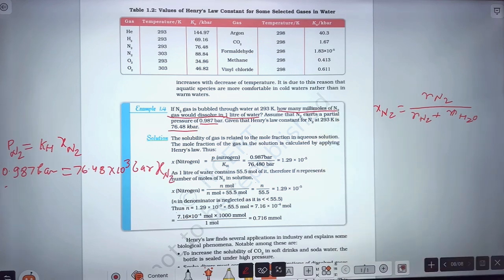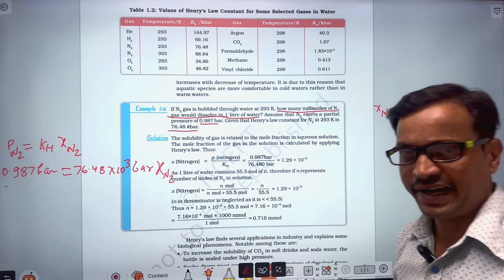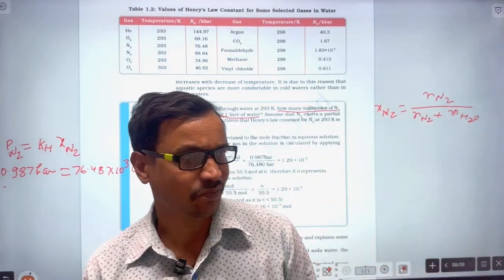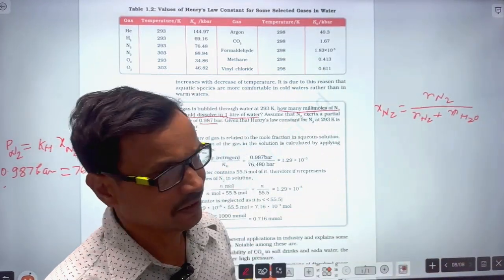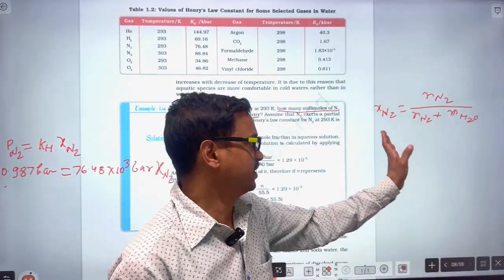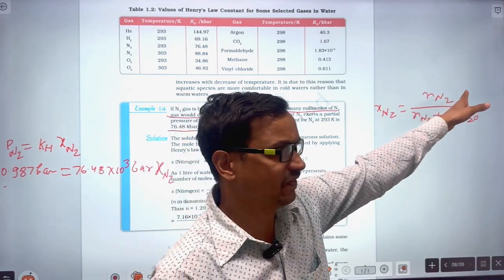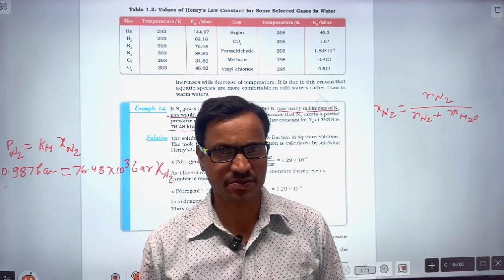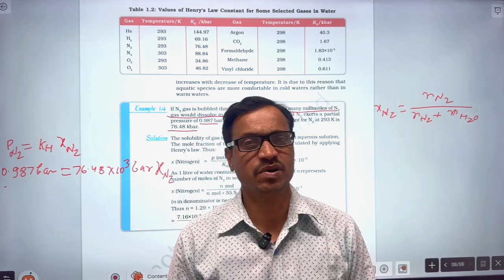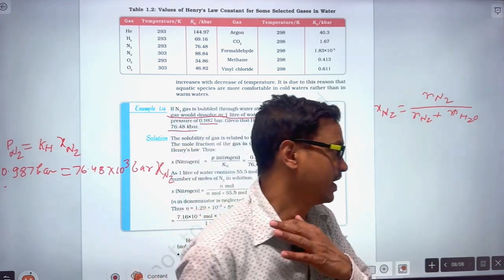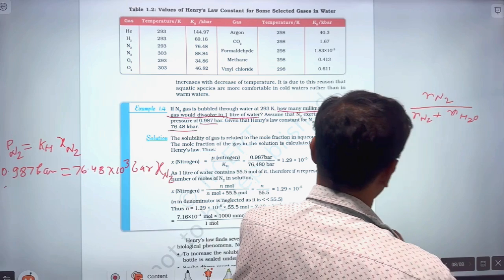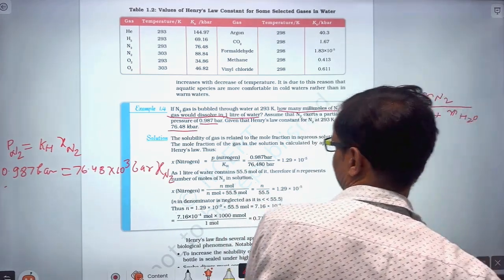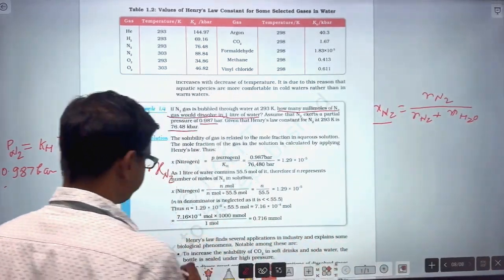Here there are two components in the solution, nitrogen and water. So the mole fraction of nitrogen equals the number of moles of nitrogen upon the number of moles of nitrogen plus the number of moles of water. You have to find the number of moles of nitrogen.